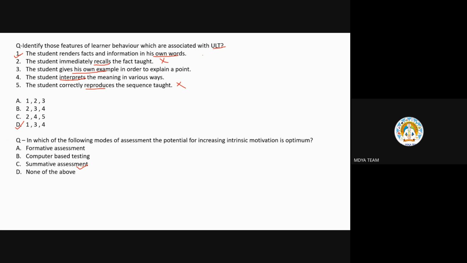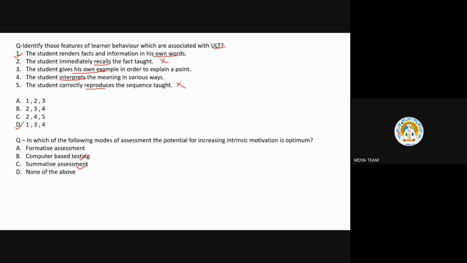Summative assessment happens at the end of the completion of what they are learning. At that time, if the duration of their study period is ended and they are getting feedback then, what is the need of that type of feedback? They are not motivated intrinsically, and CBT is another thing.